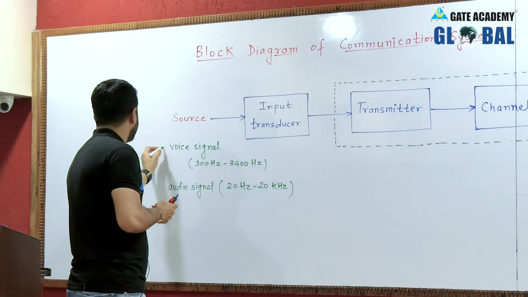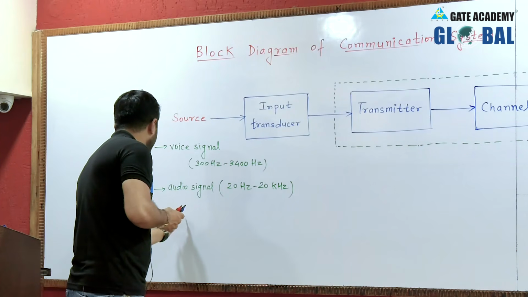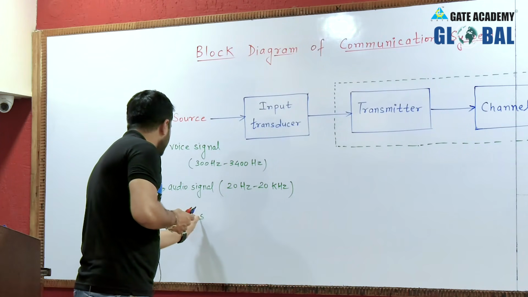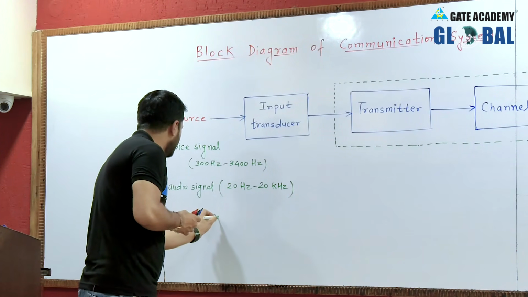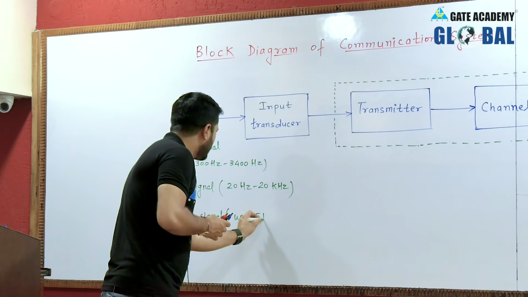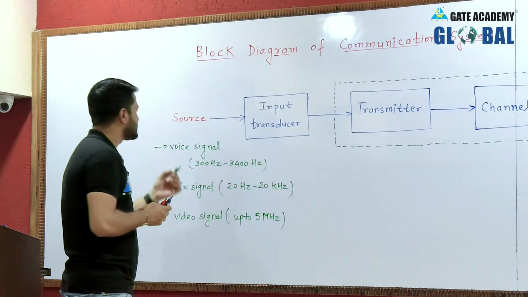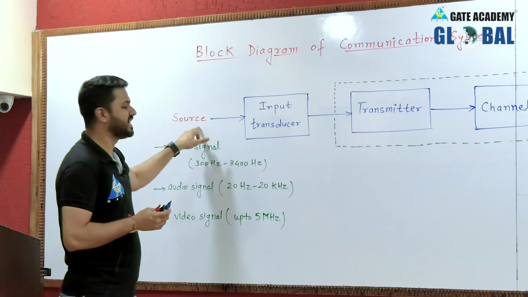The third message signal which we consider is the video signal, which is our information signal, and it is up to 4 to 5 megahertz. So these are the message signals which we generate by the source.